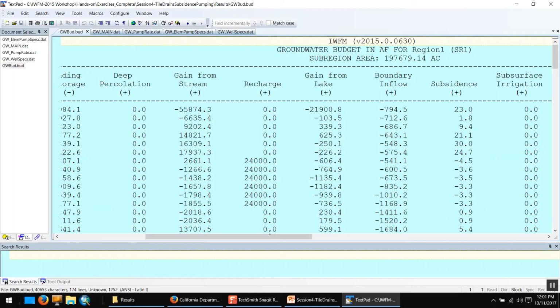Since we're talking about expansion and compaction of these interbed thicknesses, sometimes we have positive subsidence, sometimes negative subsidence. Negative means these interbeds are now expanding and they're sucking water from the aquifer material like sponges. Positive means they're actually collapsing and they're releasing water from their own matrix into the aquifer.